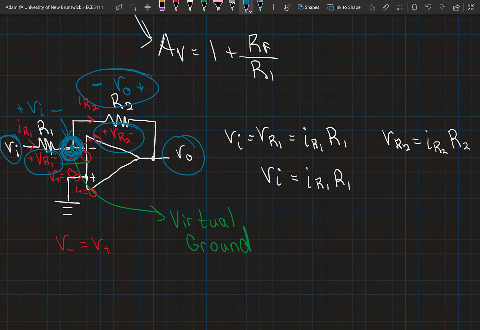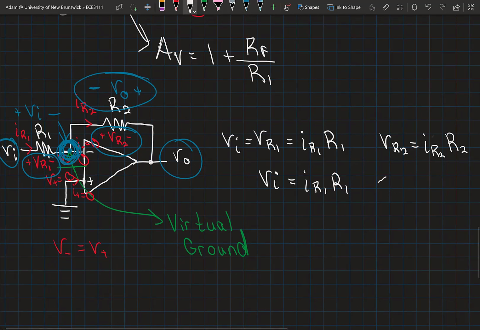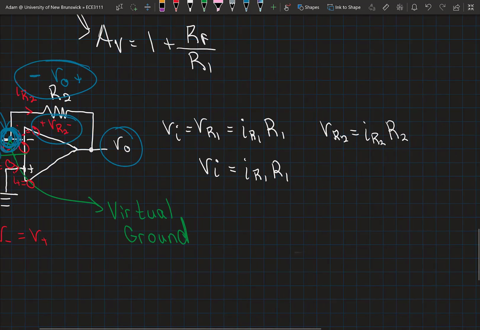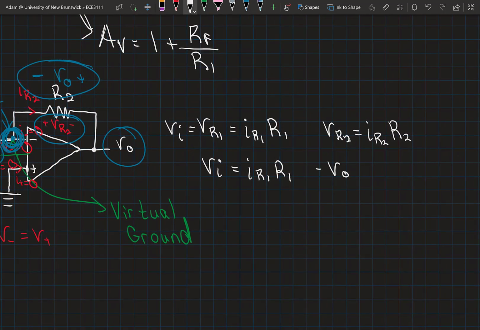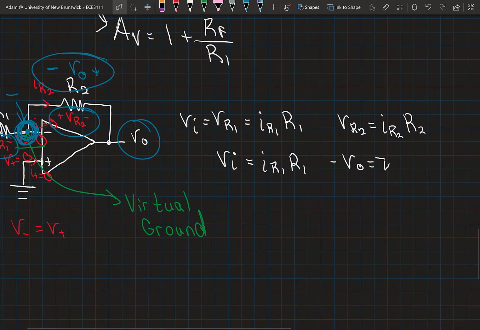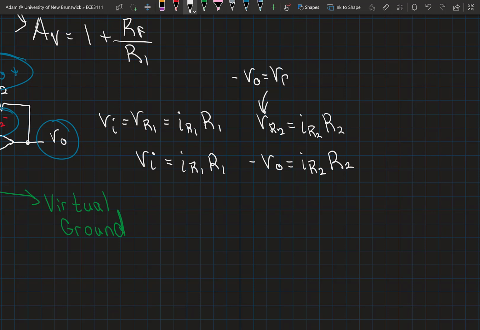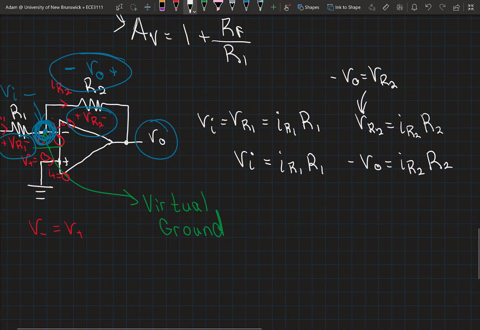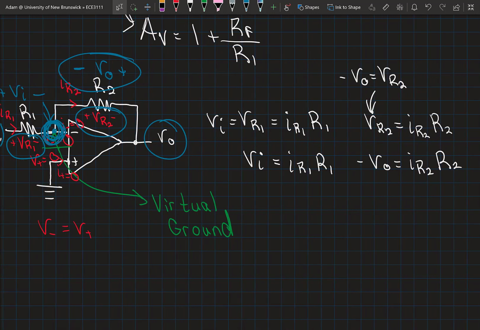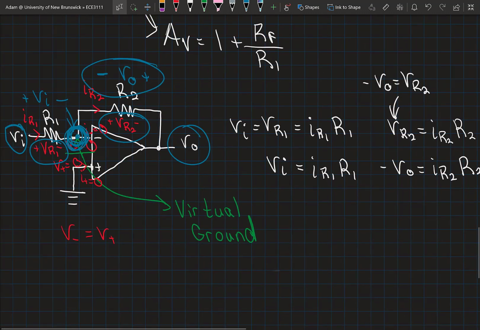It's just the voltage across R2, but in the negative sense. So VR2 is simply equal to the negative of V out. They're both the voltage across R2, one just has the opposite sign to the other.